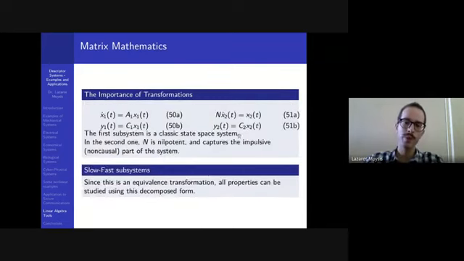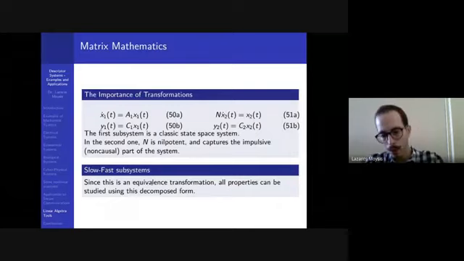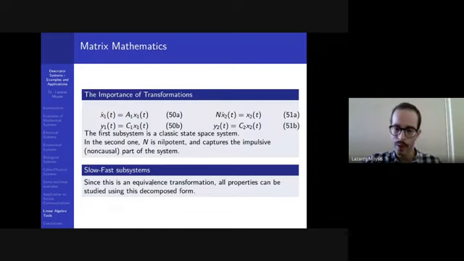This allows us to study the specific properties of the system separately, such as controllability, reachability, observer design, and feedback design, by studying each individual subsystem. And of course, since this is an equivalence transformation, you can go back and forth. So every result you derive for this system also holds for the original system, because the transformation here is an equivalence transformation.